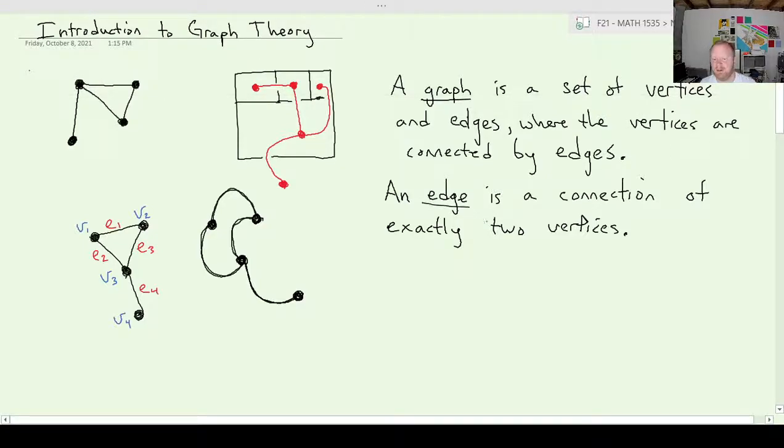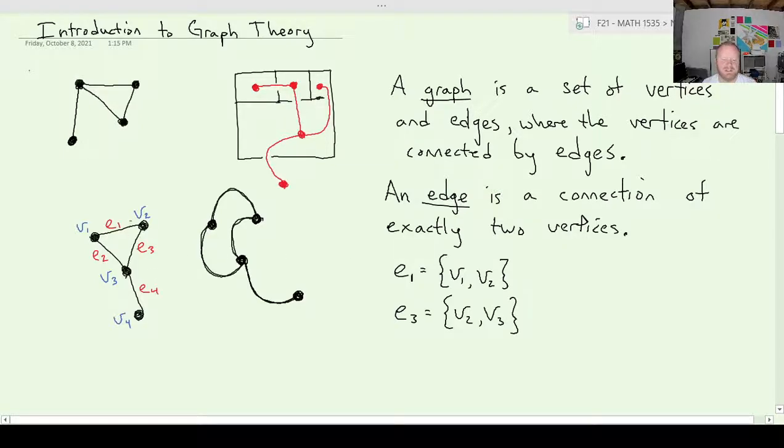So as an example, if I want to talk about this edge, E1, the way that we would represent E1 is, since it's connecting vertex 1 and vertex 2, we would say that E1 is the set of the two vertices V1 and V2. And then we can continue there, so E3 would be, let's see, V2, V3.